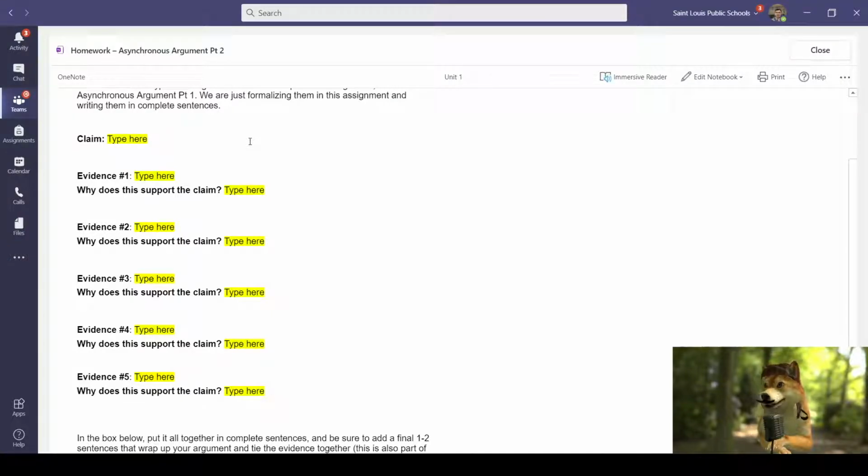So, if we say the claim is suspect 7 trashed the classroom, well, what is the evidence that makes you claim that? First piece of evidence, so remember, we got 5 pieces of evidence here. So first piece of evidence, we found Forest Park soil in the classroom. Why does that support the claim?